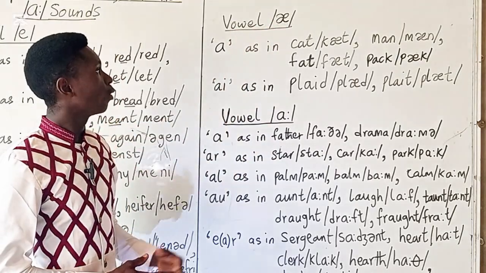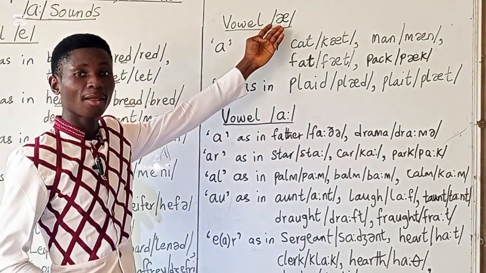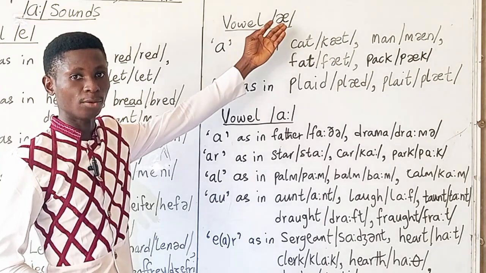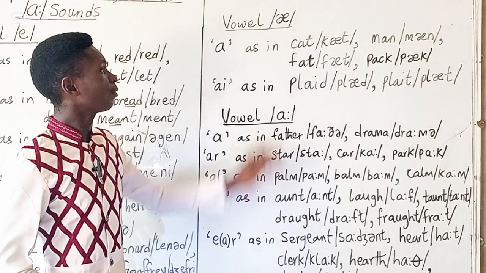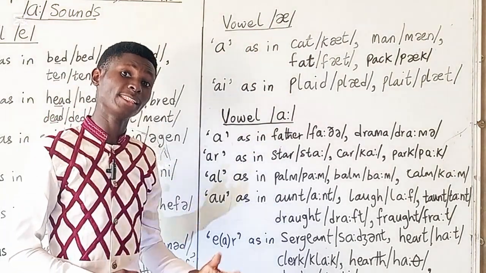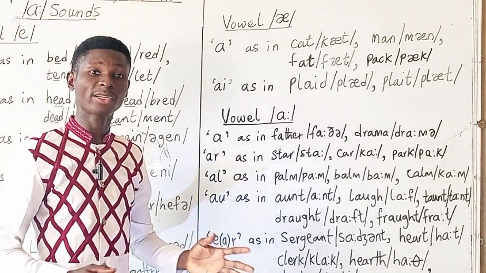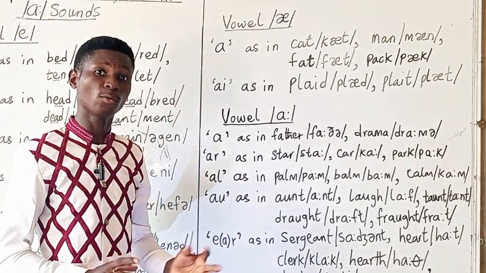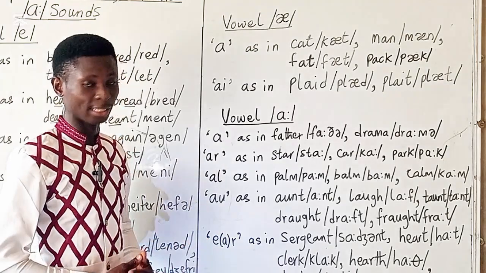And I would like to also emphasize here, many persons consider this as a diphthong because of the phonetic symbol. Notwithstanding the structure of this phonetic symbol, it is a monophthong, a single vowel sound. It is not a combination of two sounds. So what we have there is a, a, as simple as that.